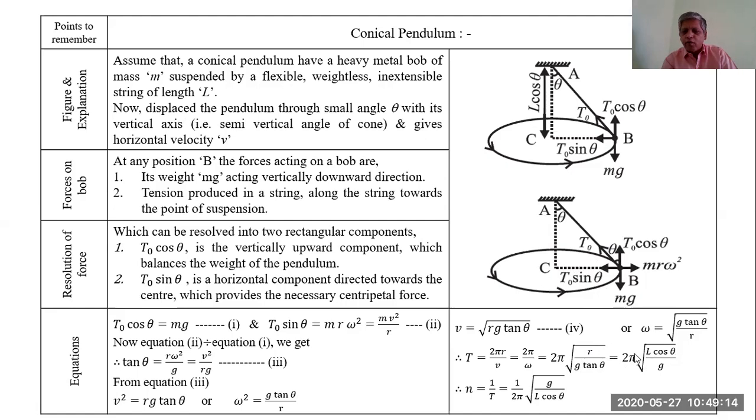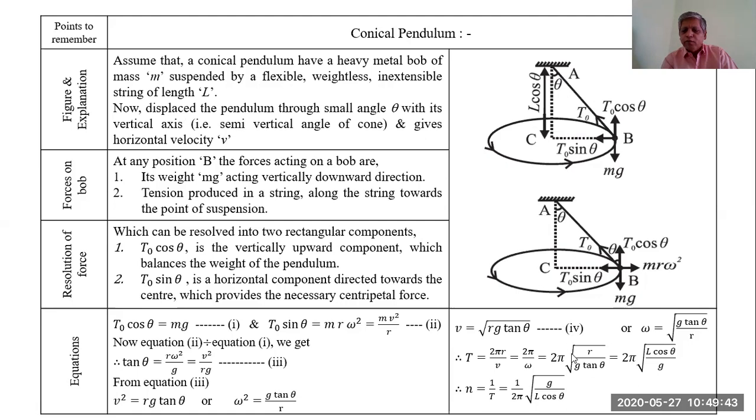This is the expression for the period. The value of r can be determined by using this right angle triangle from the point of suspension to the center toward the position of the particle. From this right angle triangle, we can find out the value of r. r equals L sine theta, where L is the length of the pendulum.